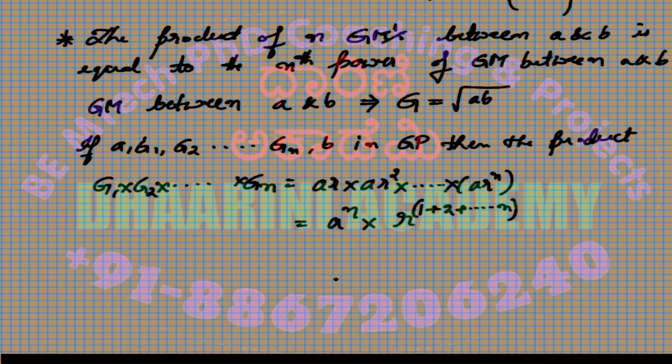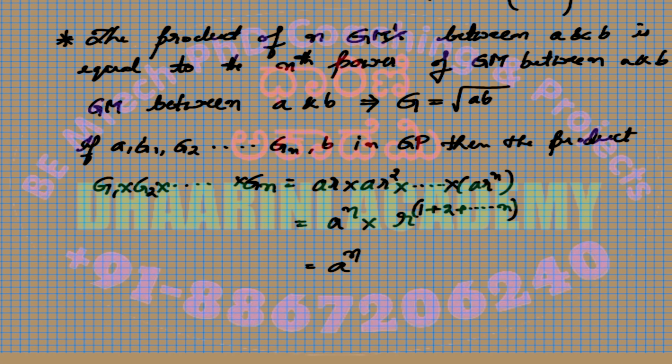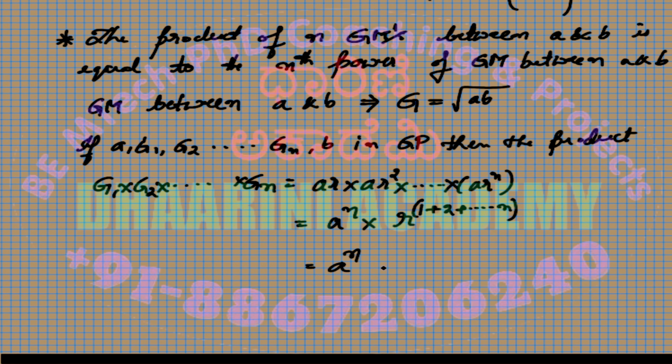Okay, now let us try to simplify this. It's A to the n into R raised to the power 1 plus 2 up to n. The sum of first n integers is n into n plus 1 divided by 2. Already we have seen this.